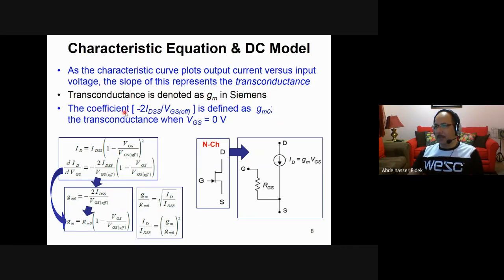And this part here equals GM0. So this GM equals this value here. So you can write ID in terms of GM and GM0 like this. It's just a different way to write the equation. But the main part is this one here.